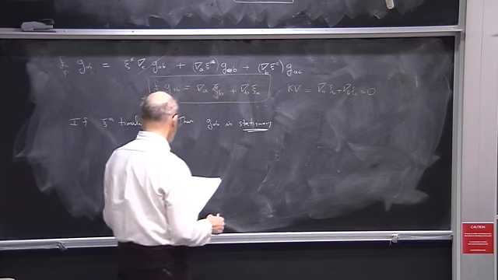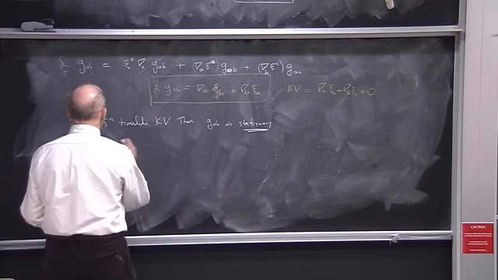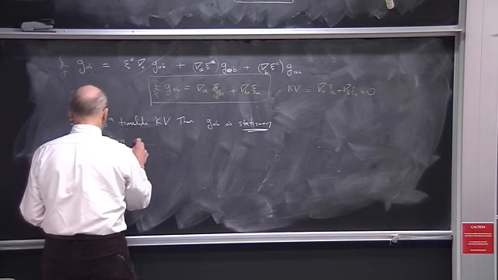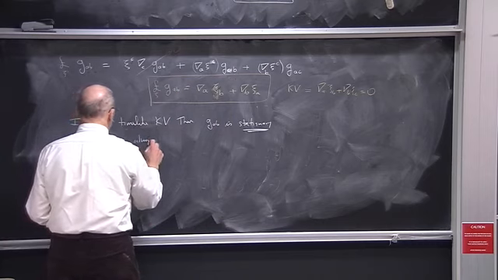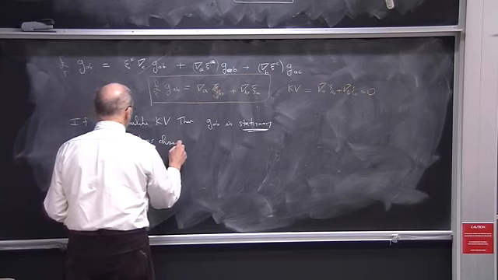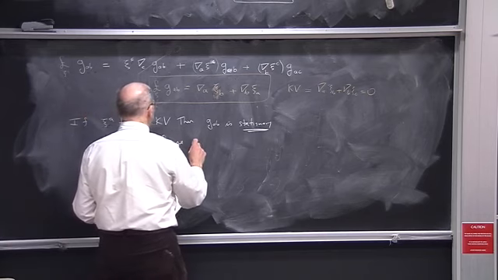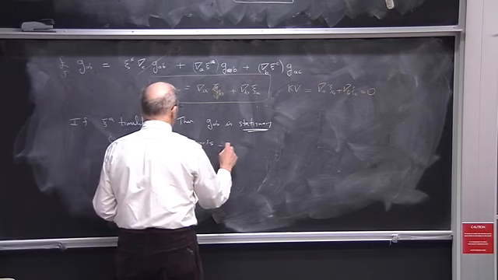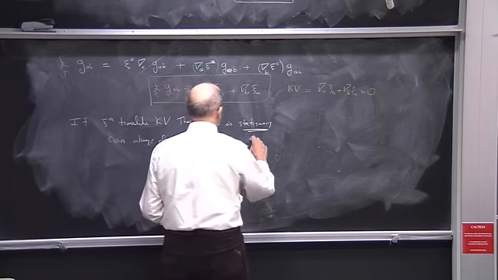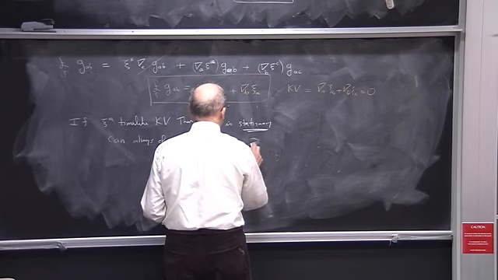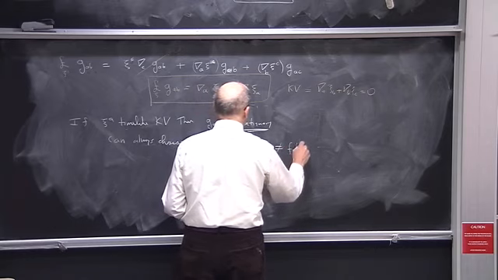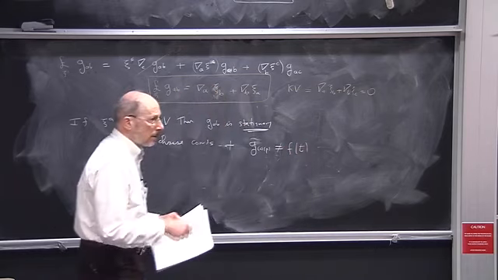In that case, you can always choose, just as a special case of what I always said before, coordinates such that the components g_αβ, I'll just write it like this, are not functions of t, meaning they're independent of t.